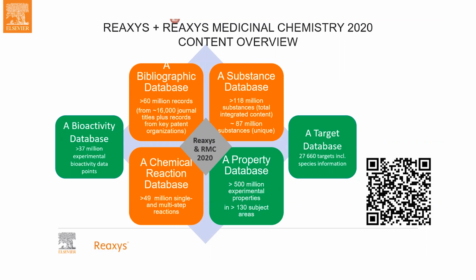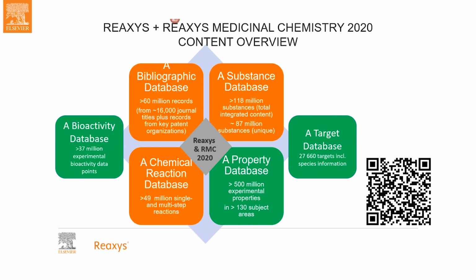Also, I see the question about the prediction capabilities of the Reaxys. It's at the development stage. Very soon Reaxys will have prediction capabilities, and also it will be able to predict even the synthesis of unknown reactions.